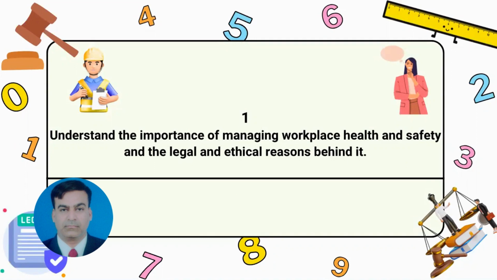Ethical reasons are about doing the right thing and being fair to others. So, when we manage workplace health and safety, we make sure that everyone is protected and that we are doing the right thing. It is like wearing a seatbelt in a car to keep us safe or following the rules of a game to play fair.